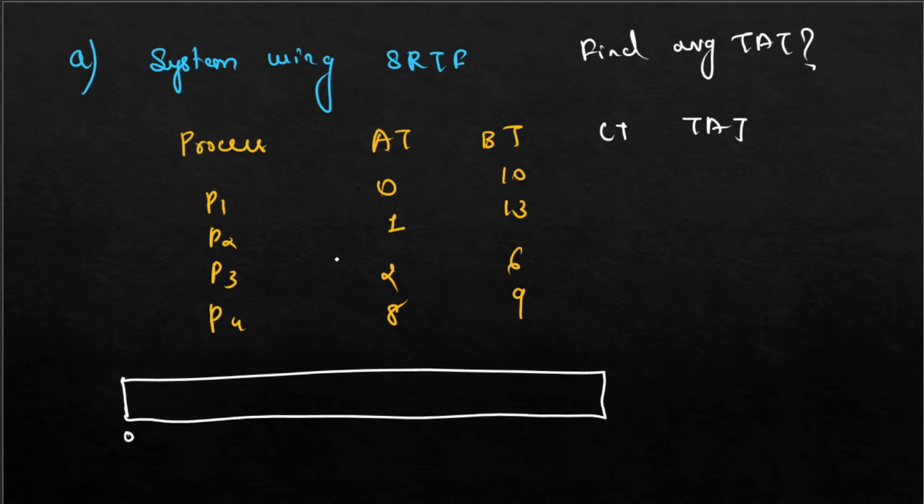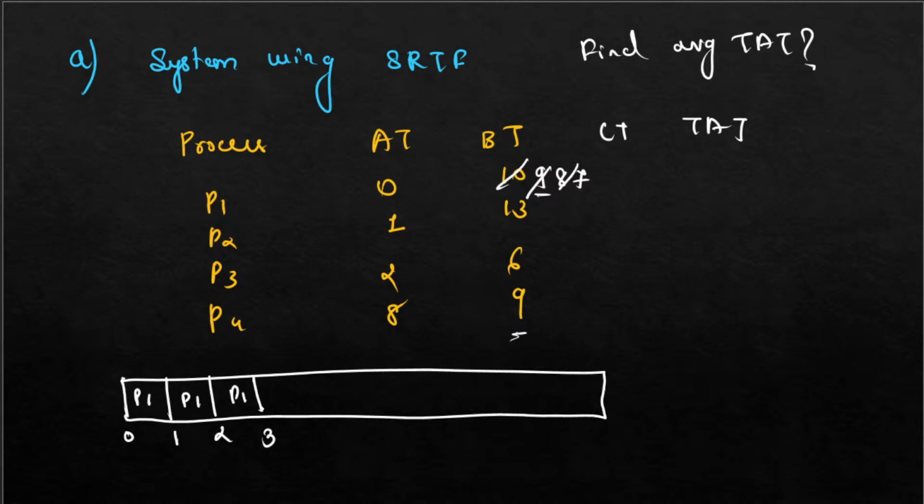So at 0, P1 runs for 1, so it will be 9. Now at time 1, this burst time and that one are the same, so we check the arrival time. P1 definitely is first, so this will now be 8. Again P1 till 3, so this will be 7.